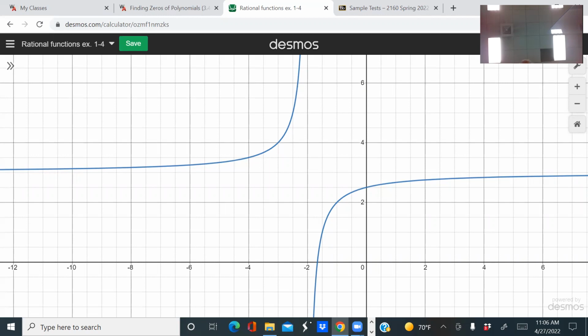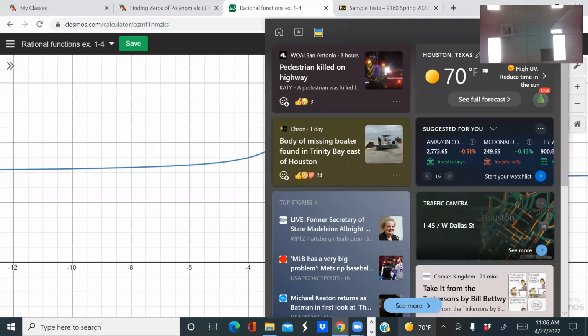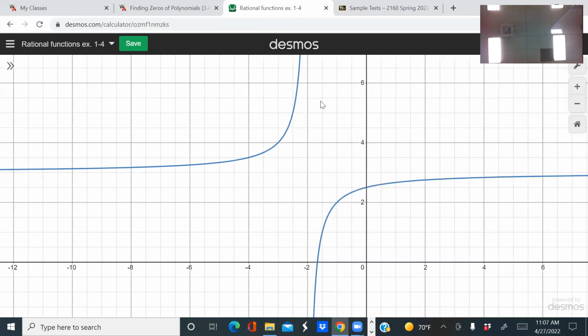Now, I want to point out something else in this graph. Notice what's happening here as you get close to -2 on the x-axis, as I mentioned.